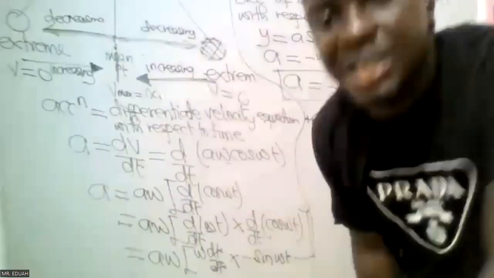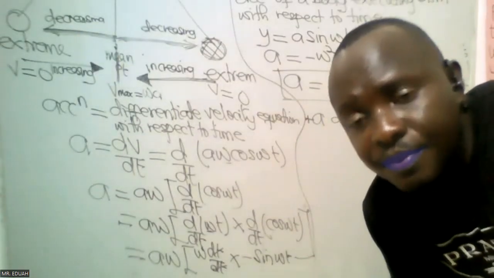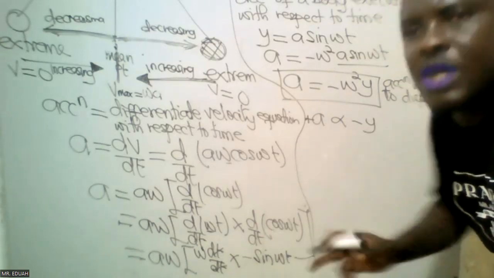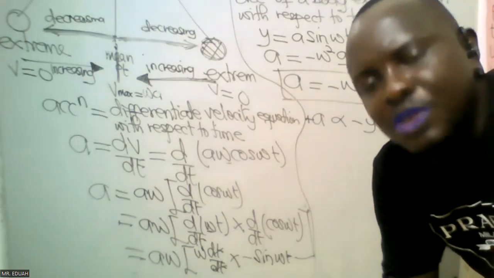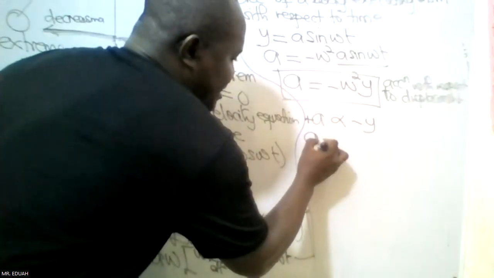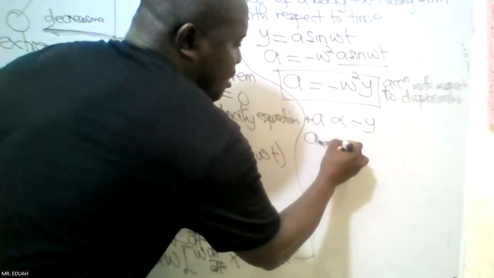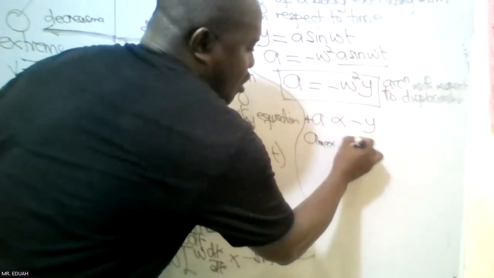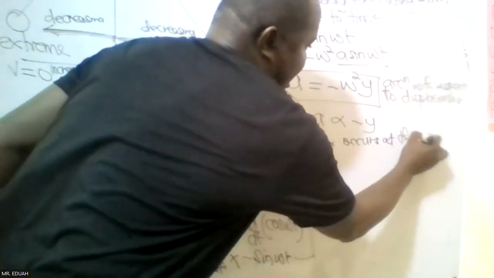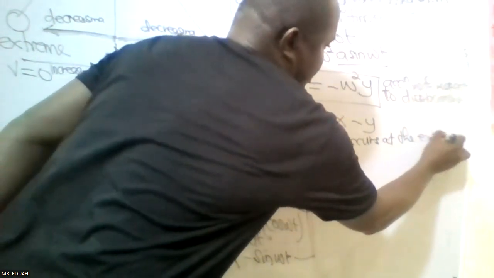So when the body oscillates and gets to the extremes, acceleration is maximum there, because A is directly proportional to Y. So maximum acceleration occurs at the extremes.